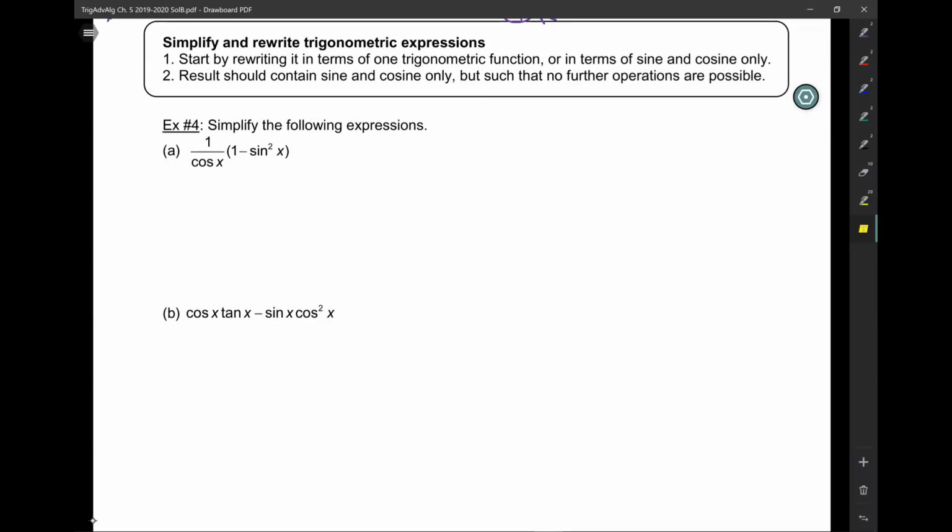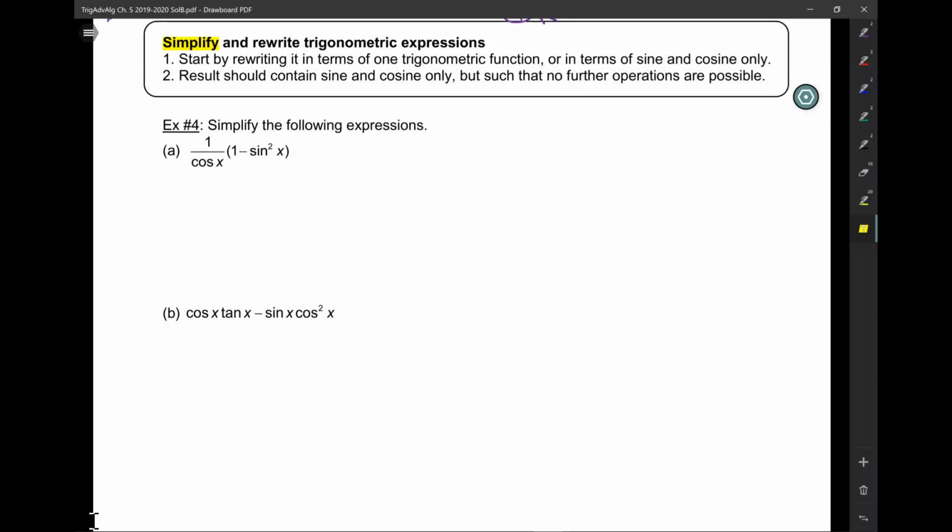In the real world, you do these as parts of bigger problems. So in that case, you make these look like something that will match the rest of your problem. Here, when I say simplify, I've laid it out for you guys. And let me tell you what I mean by that.